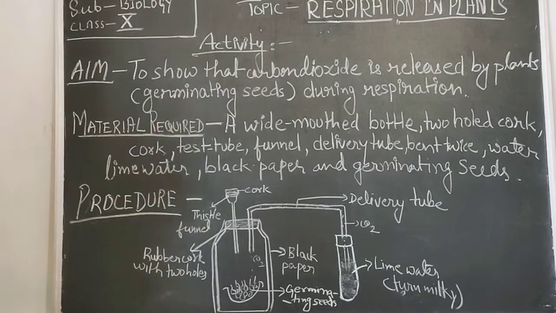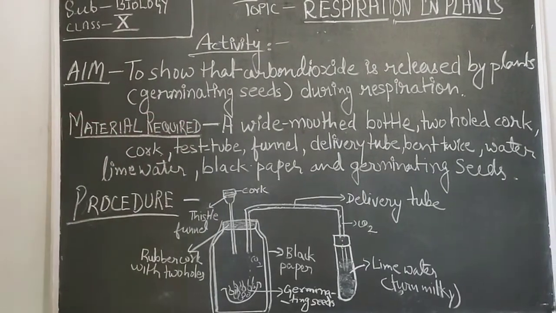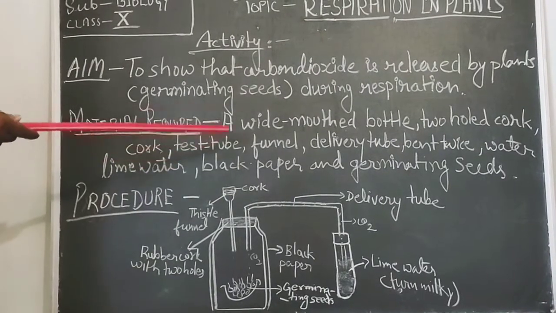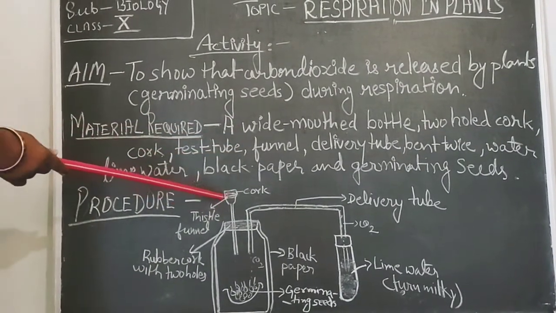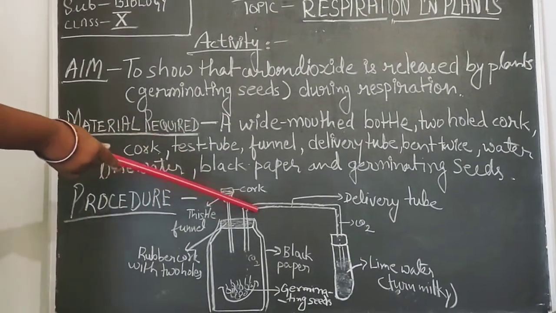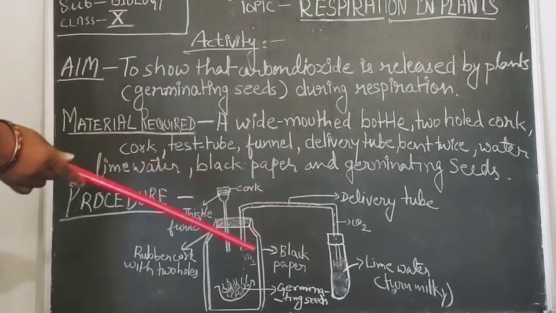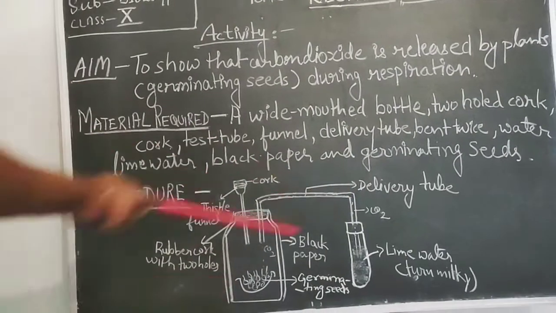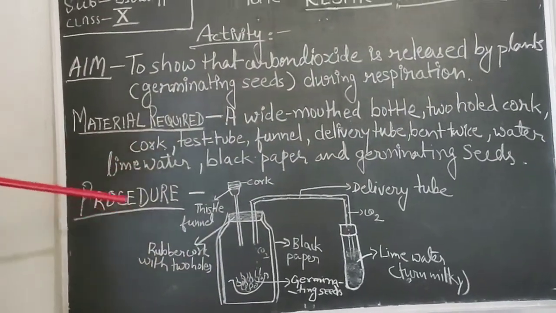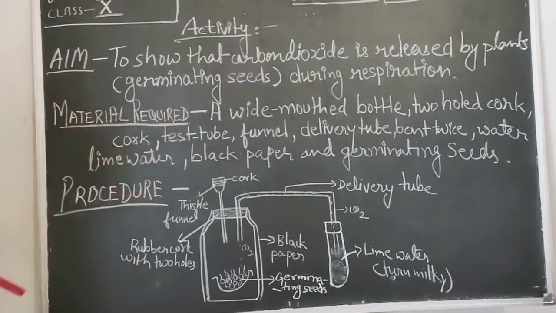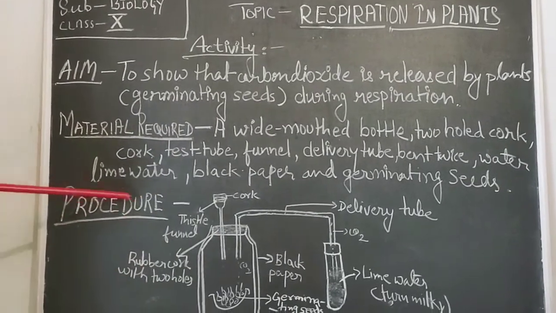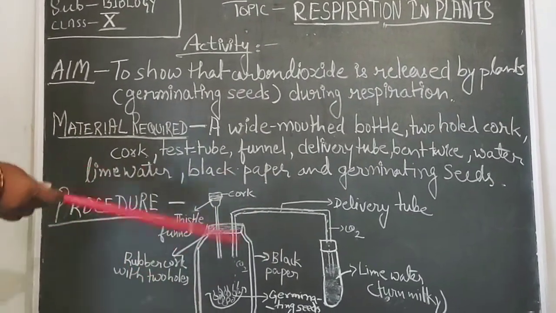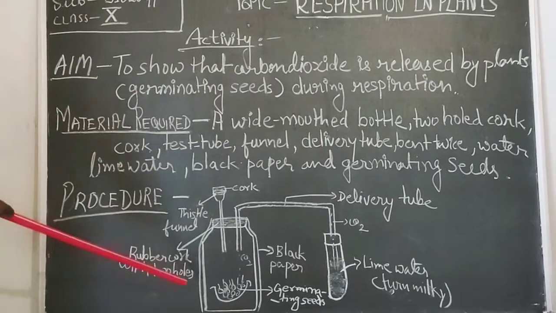We need a wide mouth bottle with a two-hole cork, a test tube, a thistle funnel, and a delivery tube which is bent twice. Here it bends at one point and here at another point. We also need lime water, black paper for covering, and germinating seeds.